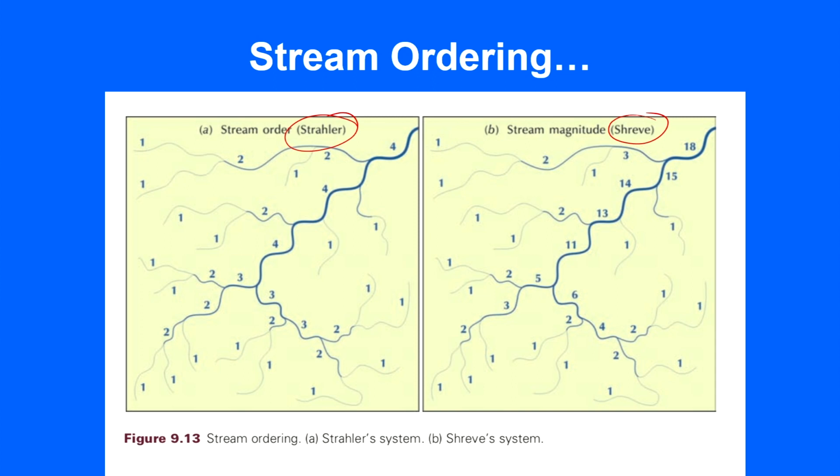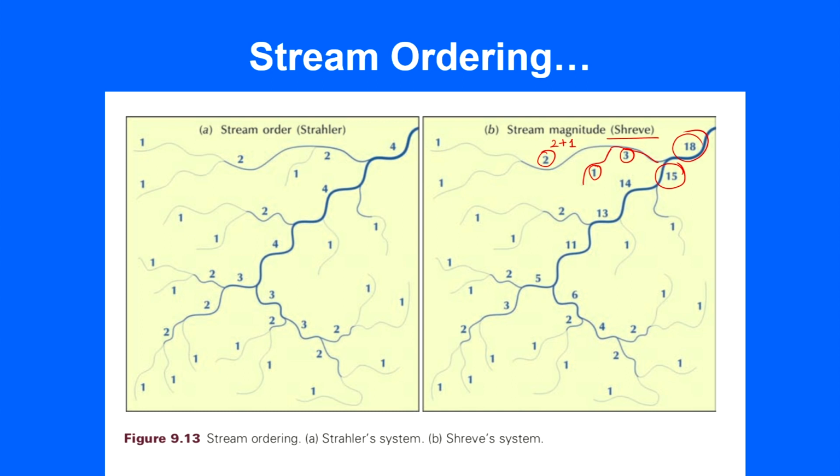The difference here is what we initially discussed: in this case in the Shreve, you are having the first order to first order which will make the second order, and even if the lower order stream is joining, this will become third order. So, second order plus even first order is joining, then it will make it higher orders, and that will tremendously increase the number here. Okay. Like it can go up very high.